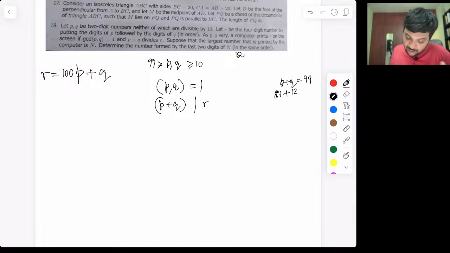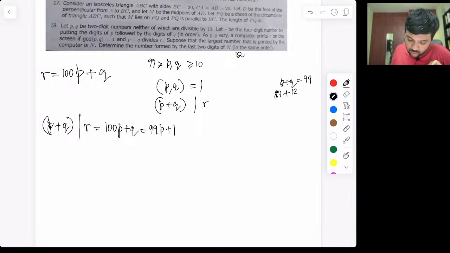Okay, now let's run over the argument. The argument goes like this. You just note that if p plus q divides r and r is 100p plus q, then you can write this as 99p plus p plus q, and p plus q already divides p plus q. So what that means is p plus q must divide 99p. So this implies p plus q divides 99p.